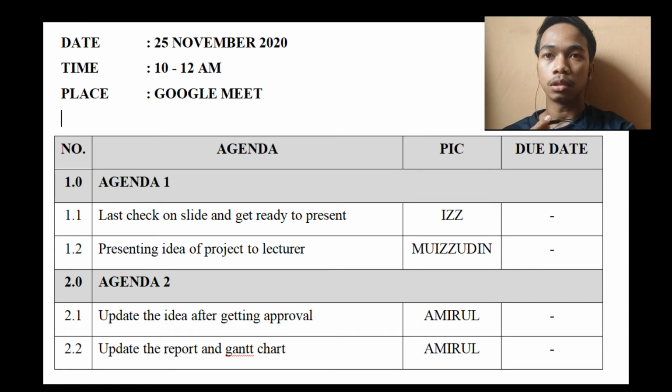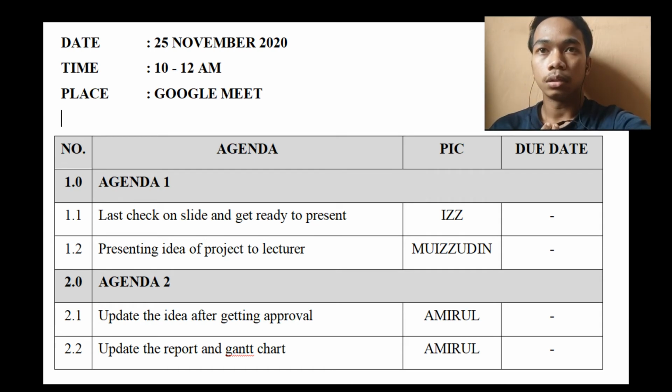Second, we present the idea of the project to the lecturer. This is presented by myself. The second agenda is to update the idea after getting approval, and update the report and Gantt chart, which is held by Amirul.